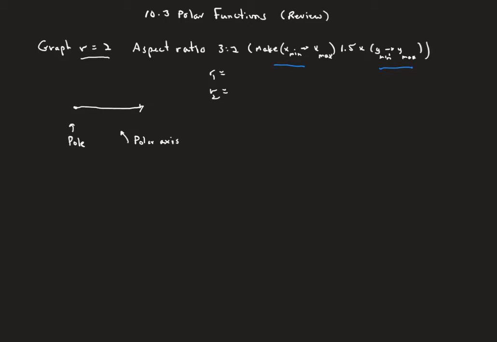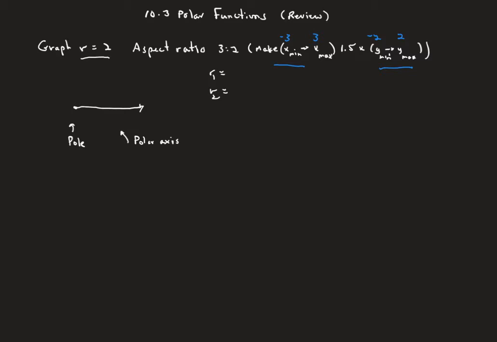So we're going to see that r equals 2 is a circle of radius 2. To make it really look like a circle, you want to choose your x-min and x-max to go from -3 to +3, and your y-min and y-max to go from -2 to +2.